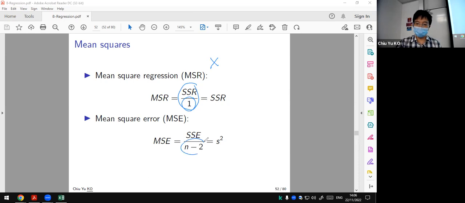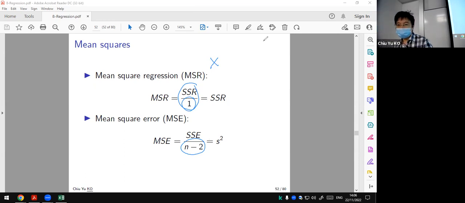And this n minus 2 is rather clear, I think. So probably you would ask why this ANOVA, right? But this is the same as one-way ANOVA. We use one grouping, X, to explain the Y, okay? So basically it's the same as ANOVA, right?